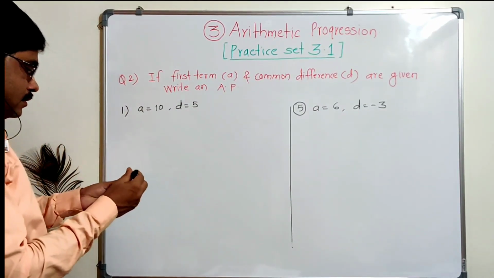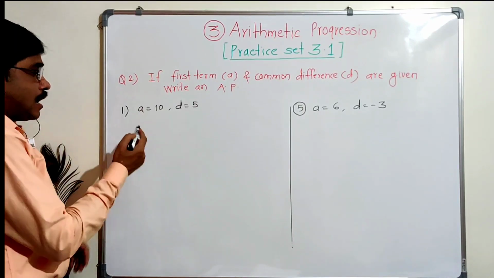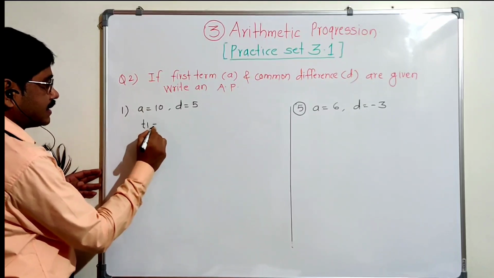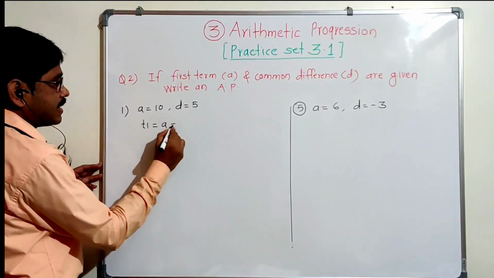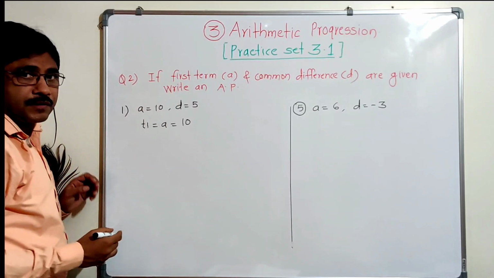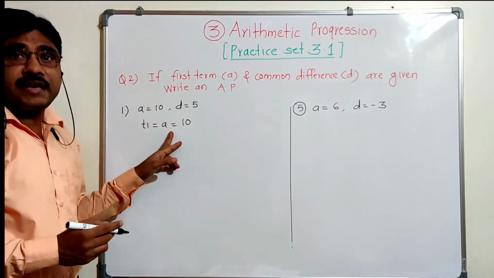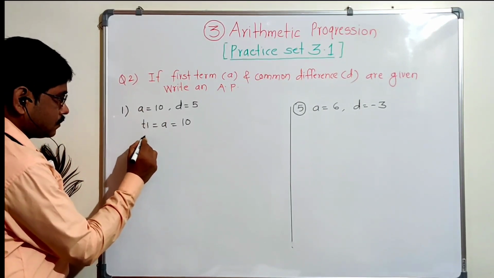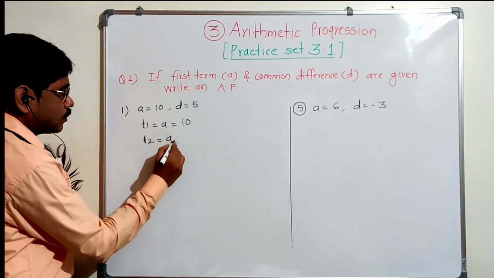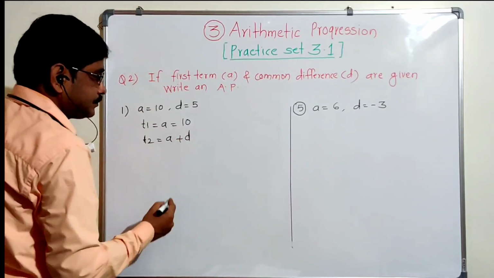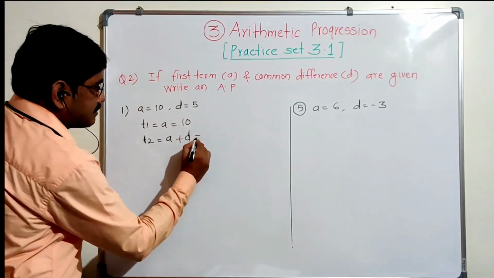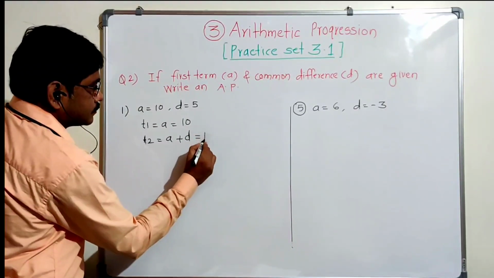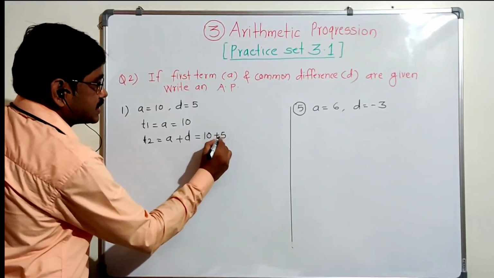So here you know how to find AP. So T1 is equal to first term, find the terms. T1 is equal to A is equal to 10. T1 is equal to itself A, means first term, so 10. T2 is equal to A plus D. So we get A plus D means A is 10 plus D means 5.